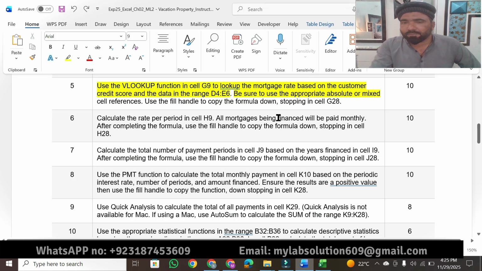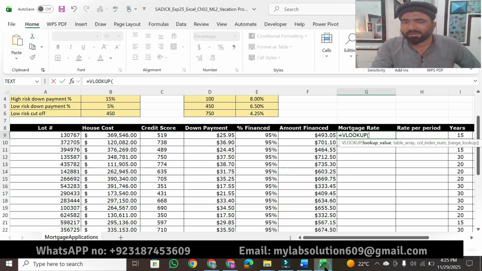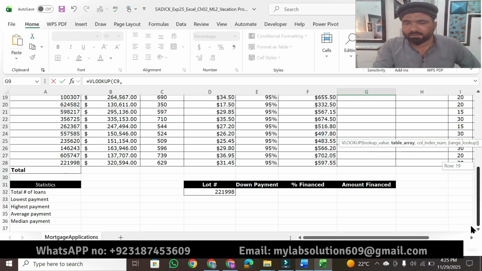So the mortgage rate is based on the customer credit score. Where is the credit score? Here is the credit score. Then for the table array, I think we have this one. This is the table array we have to pass.